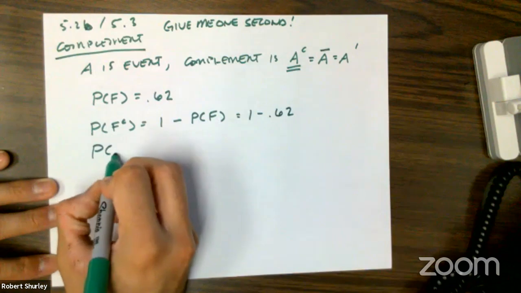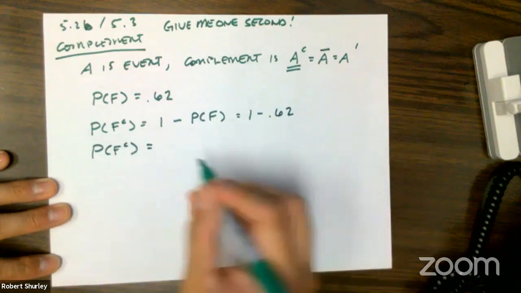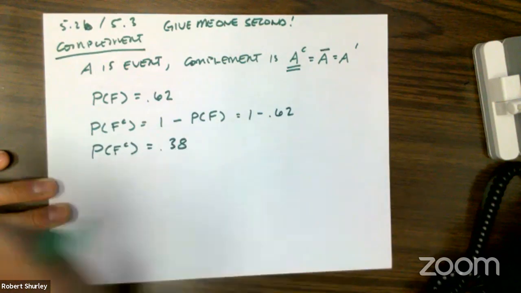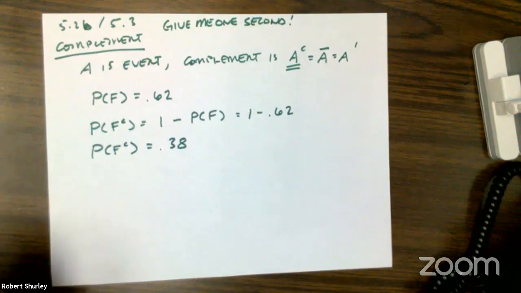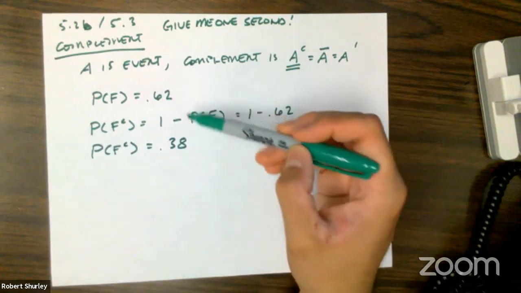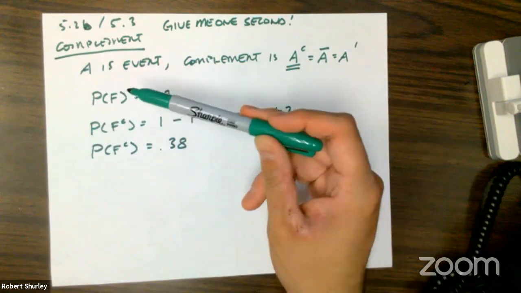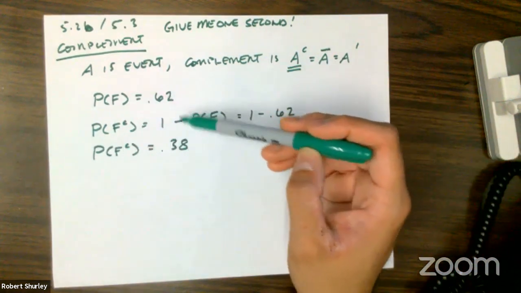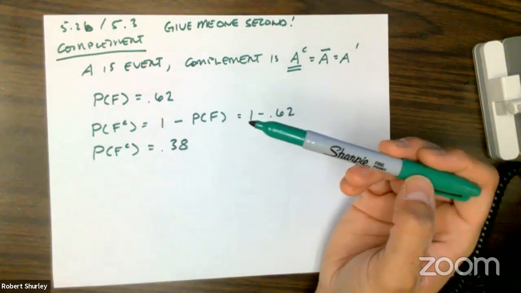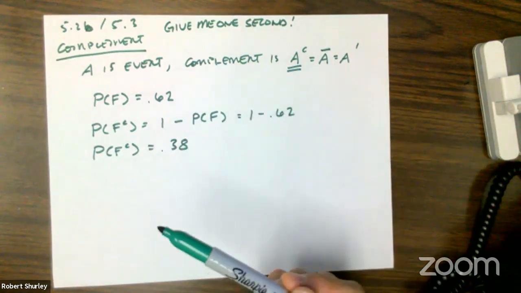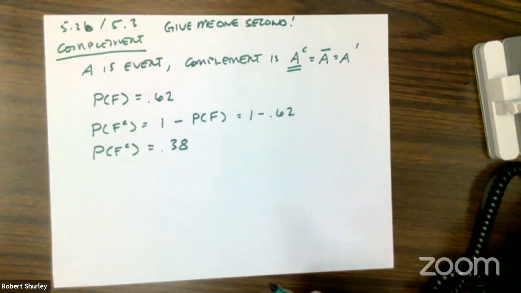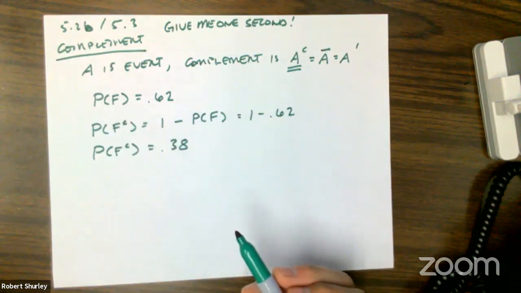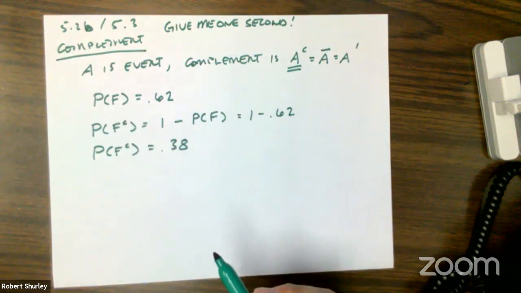So the probability of not being a freshman is 0.38. And notice, these are the only two things that can happen. You could be a freshman or not, and both of these add up to 1, because for this example, those are the only two things that could happen.